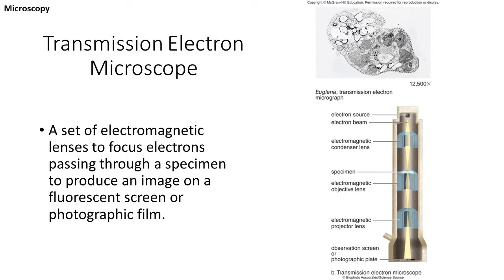A transmission electron microscope, instead of having a set of glass lenses, uses two electromagnetic lenses to focus electrons passing through a specimen to produce an image on a fluorescent screen or photographic film.